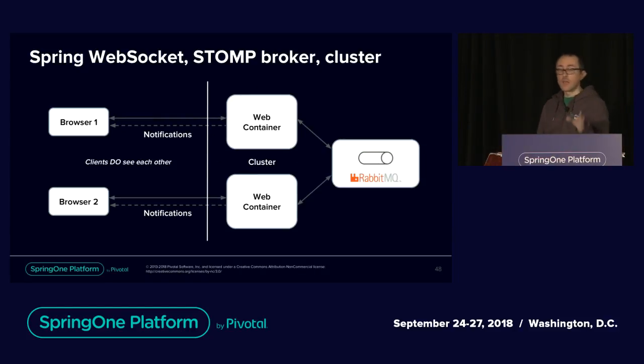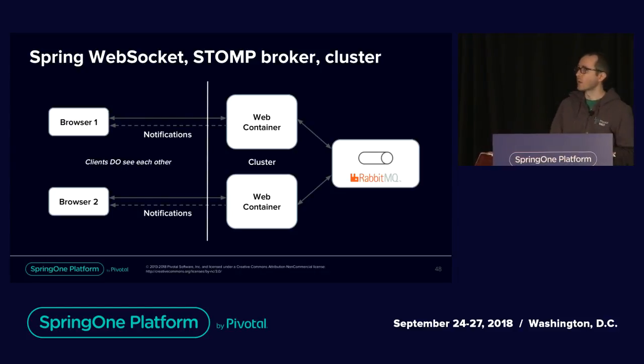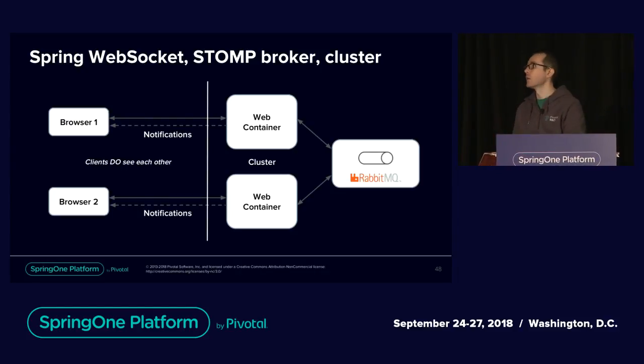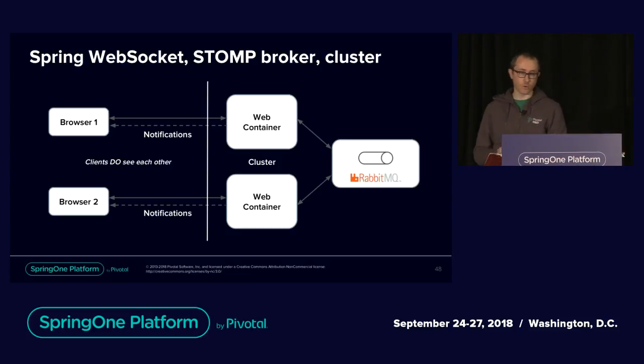So that's why there's another implementation inside Spring WebSocket, which is using STOMP. So in this case, all events related to WebSockets will be relayed to a backend STOMP broker. We're lucky, RabbitMQ supports STOMP.